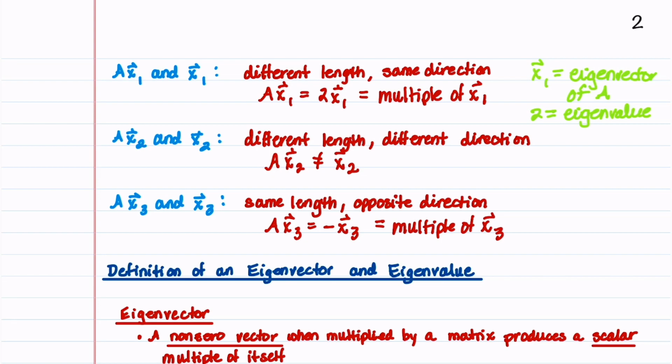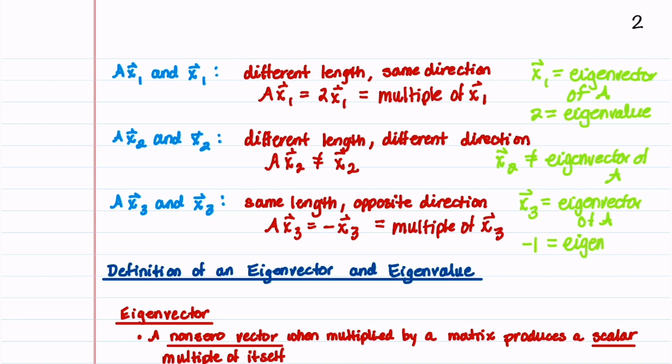For x2, it is not an eigenvector because Ax2 is not a multiple of x2. So we'll write down x2 is not an eigenvector of A. And then x3, just like x1, it is an eigenvector of A, and -1 is our corresponding eigenvalue.